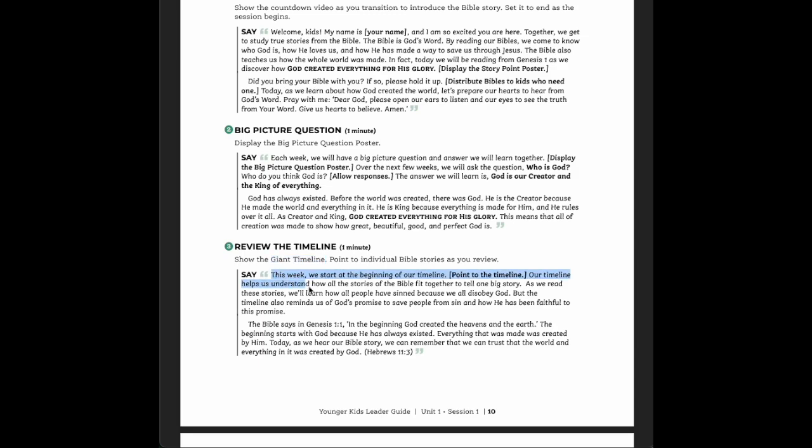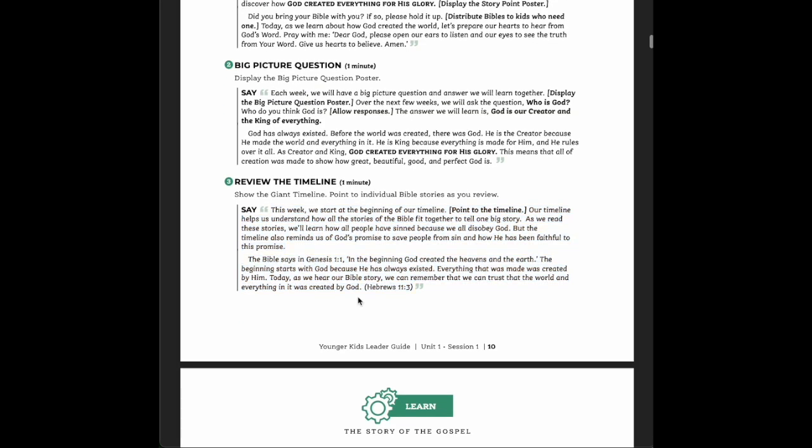But I read this through, and if you change some wordings, you could still say it, and it'll be really helpful. Instead of saying timeline, you could say the Bible. The Bible helps us understand how all the stories fit together to tell one big story. Or Christ or whatnot. You could change the words and it could still work.